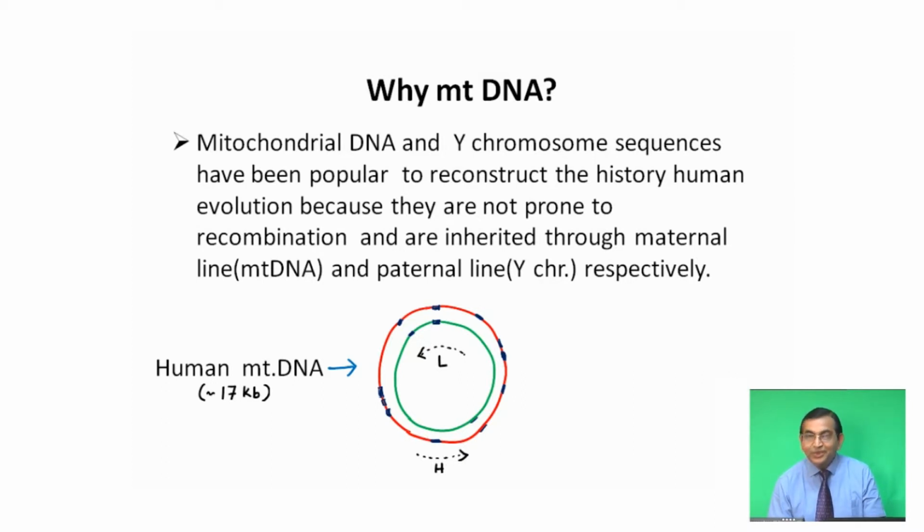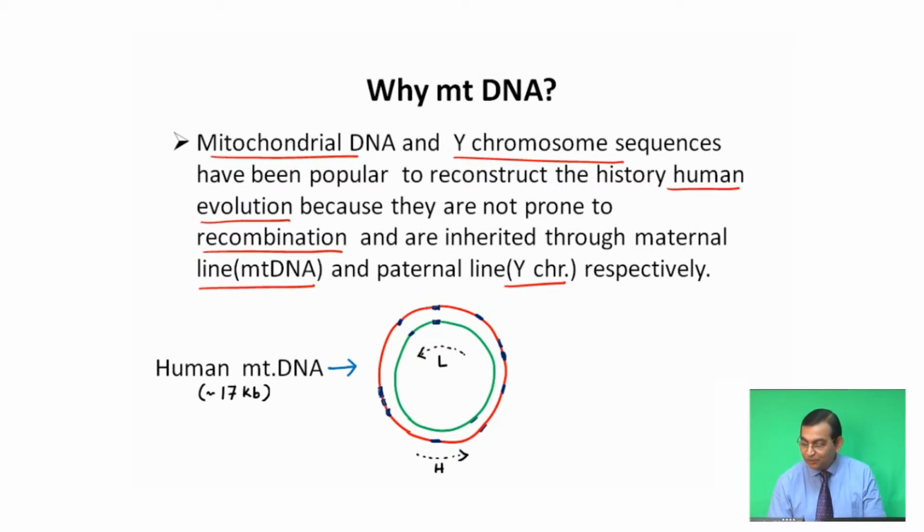The answer is that mitochondrial DNA and Y chromosome sequences have been popular to reconstruct the history of human evolution, because they are not prone to recombination and are inherited through the maternal line, that is mitochondrial DNA, and the paternal line, that is Y chromosome, respectively.